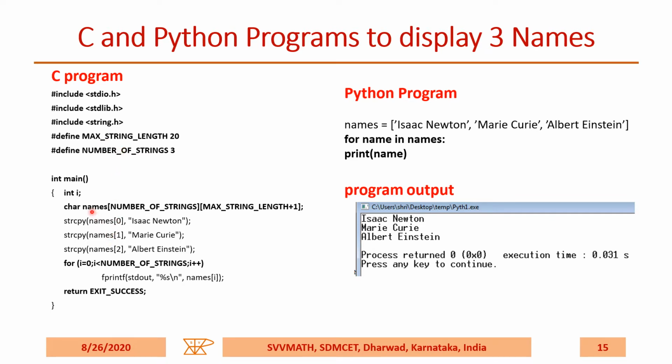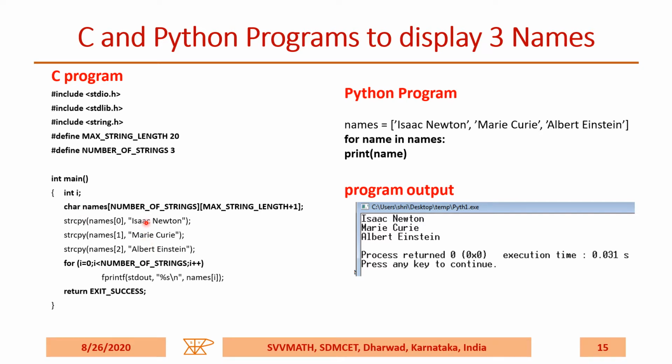Then I'll write a main program. There I'll declare the array. Then in that matrix I take a name at index 0, the first name, and later I'll take another name. This is the way I assign names using strcpy. Then in the loop I will display the names. So this is a complete C program to display three names.